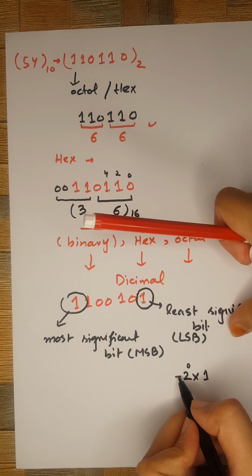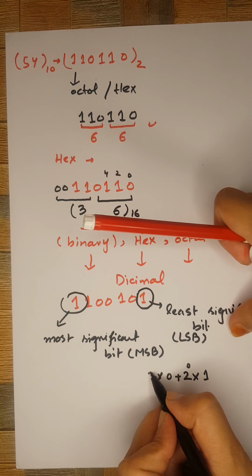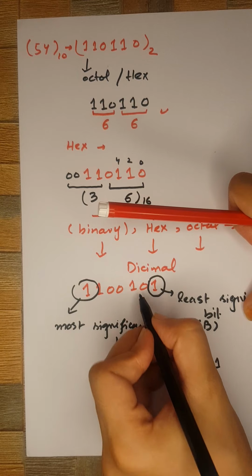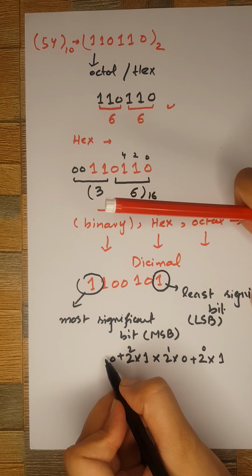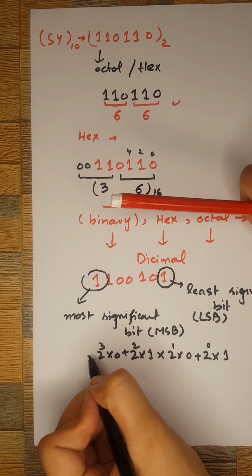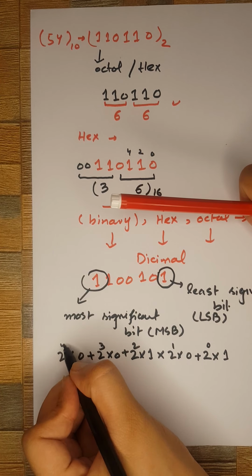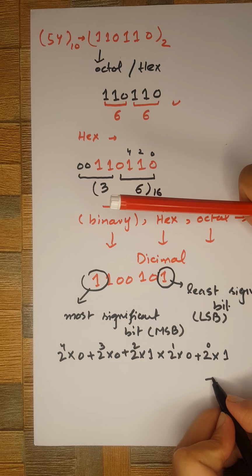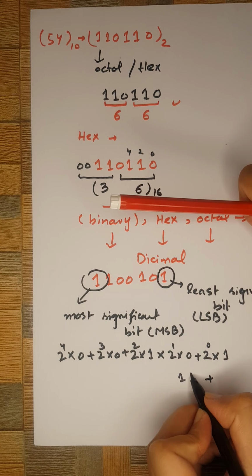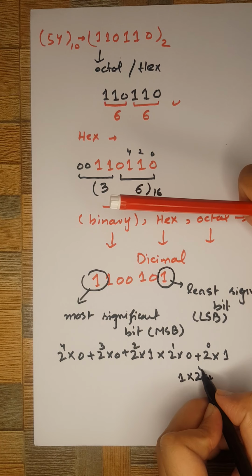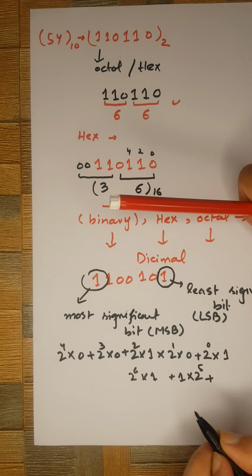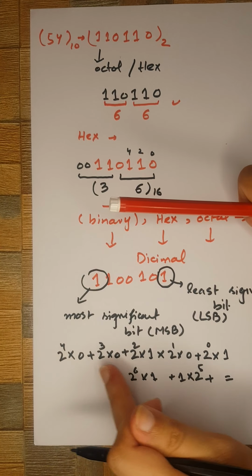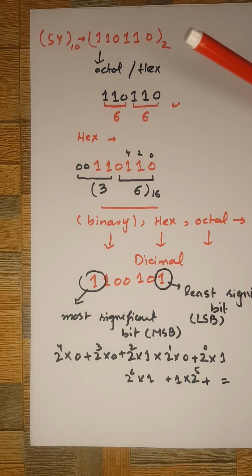So we will do 1 plus 0 multiplied by 2 raised to power 1, then 1 multiplied by 2 raised to power 2, then 0 multiplied by 2 raised to power 3, then 0 multiplied by 2 raised to power 4, and then I will keep adding, 2 raised to power 5, and finally 1 multiplied by 2 raised to power 6. Once you simplify this expression, you will get the decimal equivalent.